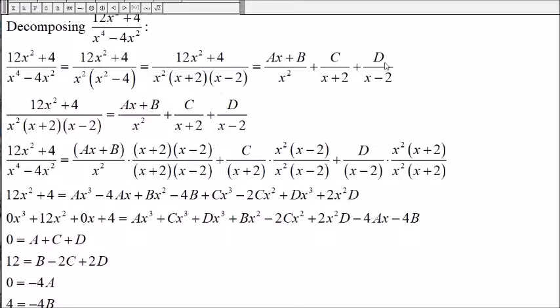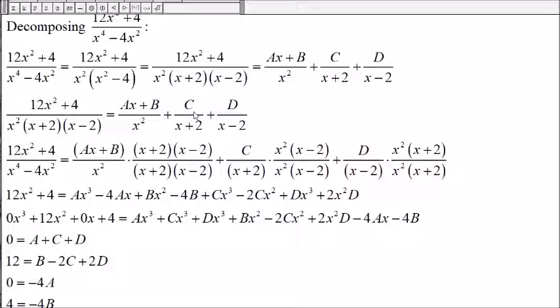And so now we have this right here. If we look at the right hand side, the common denominator will be x squared times (x plus 2) times (x minus 2). And so we need to multiply this term right here by (x plus 2)(x minus 2) over (x plus 2)(x minus 2).